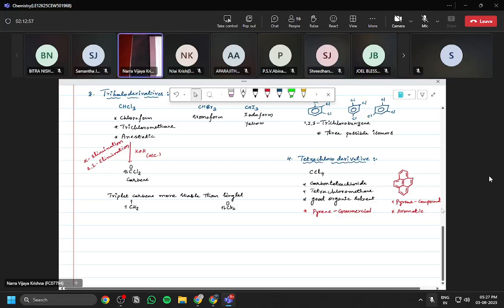Whether it is aromatic or not, check once. Does it obey Huckel's 4n plus 2 pi electron rule? Yes? This central pi bond is not involved in conjugation.